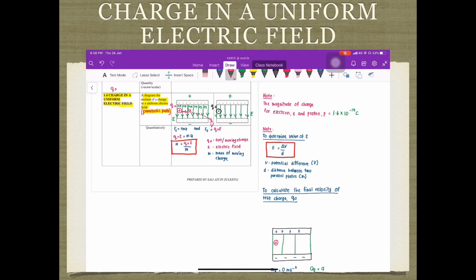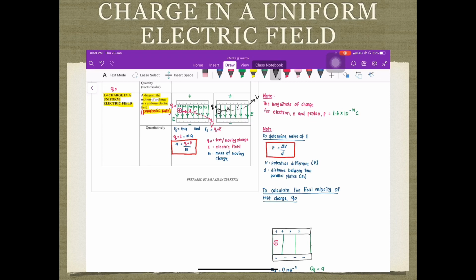What happened to the electron or negative charge here? When initially moving with initial velocity, the negative Q0 will be deflected towards the positive plate. By looking at these two shapes, we call this a parabolic path.